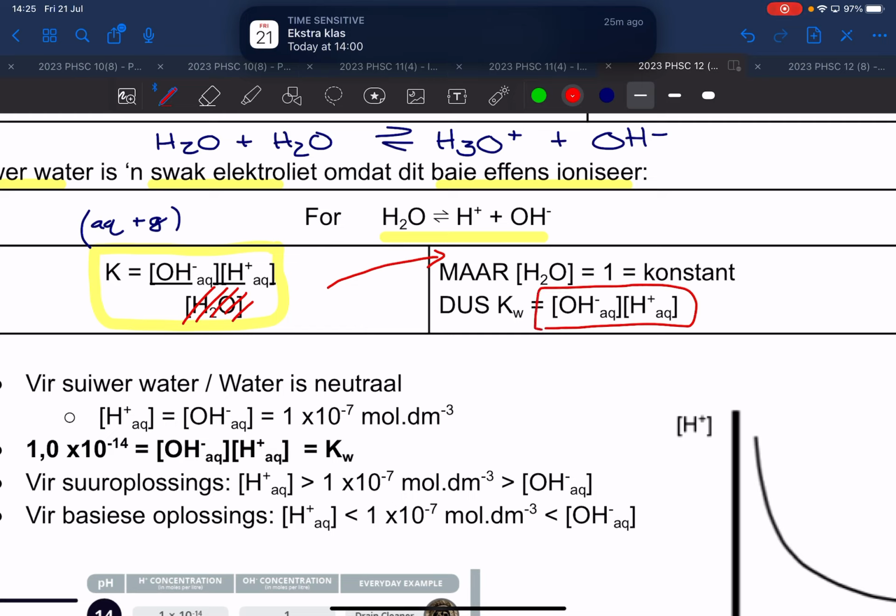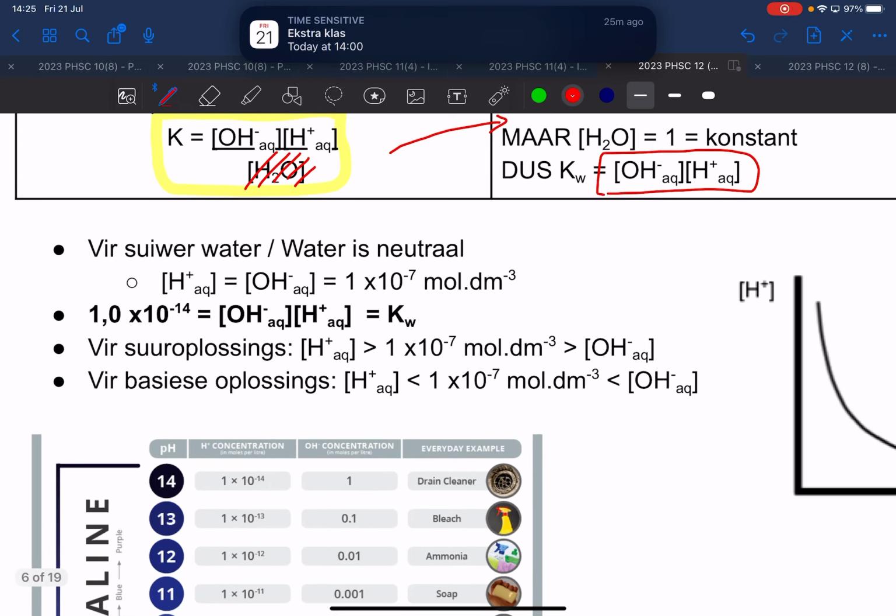Okay. Now thank goodness someone did this, they did a lot of these experiments, baie experimente, en toe het hulle gekry dat when you have a pure and neutral water, then it means the pH must be around 7. Then the concentration, remember square brackets means concentration. Hoeke hakies beteken concentrasie.